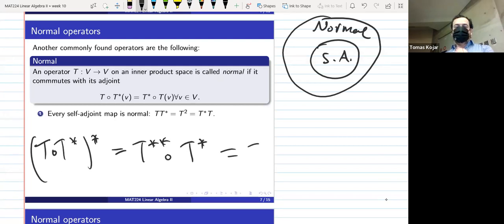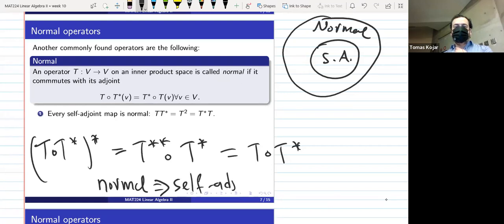And then this guy is equal to T star. And so what am I doing? Oh yeah, it's self-adjoint. Oh yeah, sorry, other way. Self-adjoint implies normal. So if you have self-adjoint, you get normal.